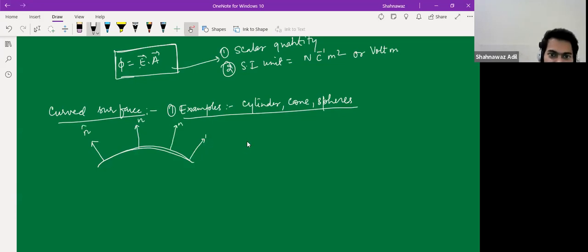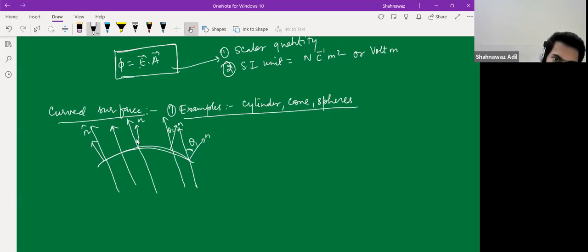Let's say you have an electric field which is uniform, but you can see that these angles, theta 1, theta 2, theta 3, and theta 4, are different.